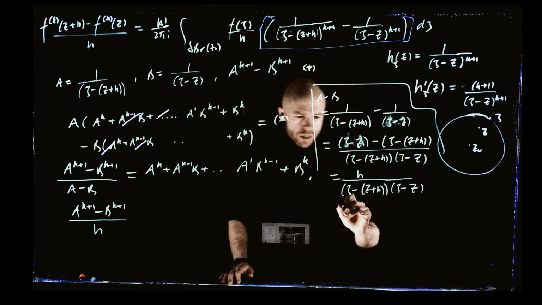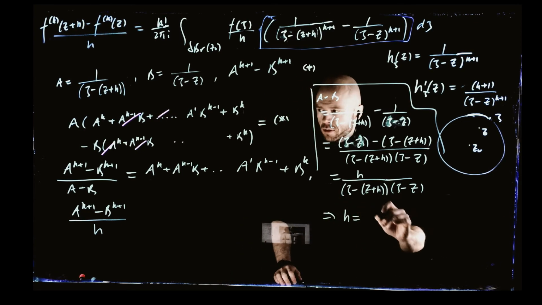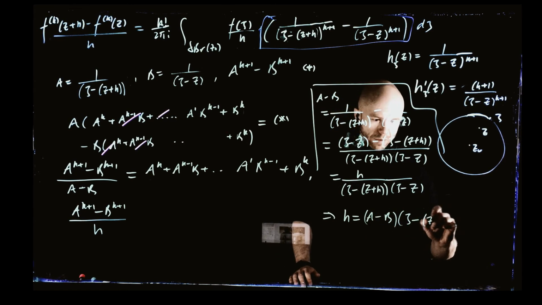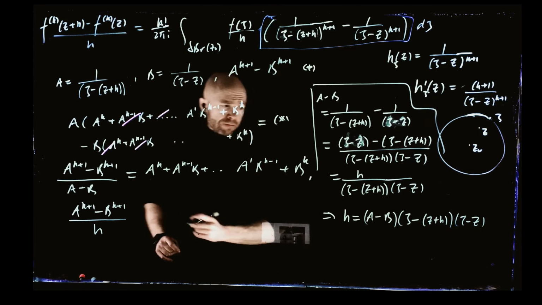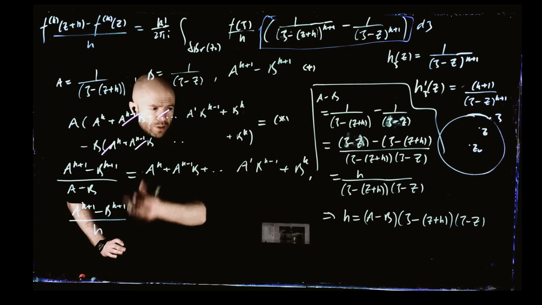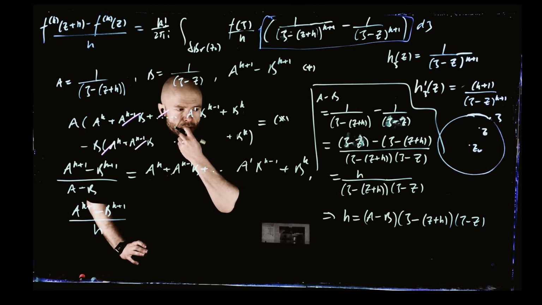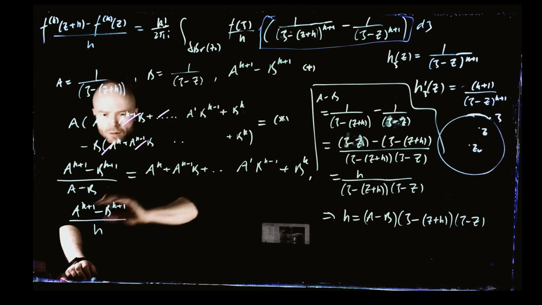What does this say? This says that h is equal to a minus b times zeta minus z plus h times zeta minus z. So if we divide by h, okay, let's do it this way.